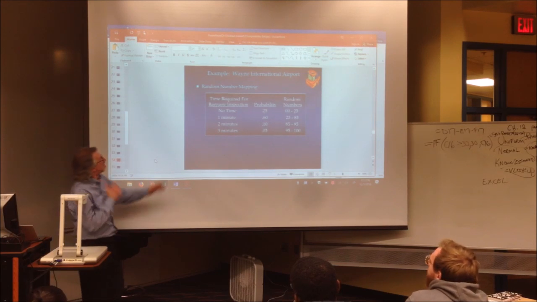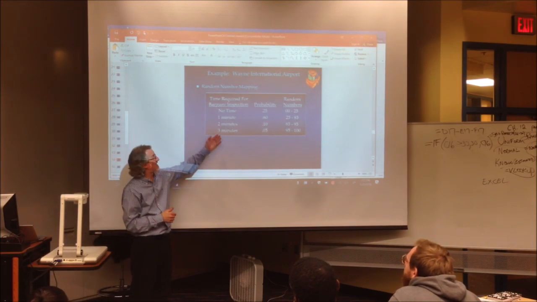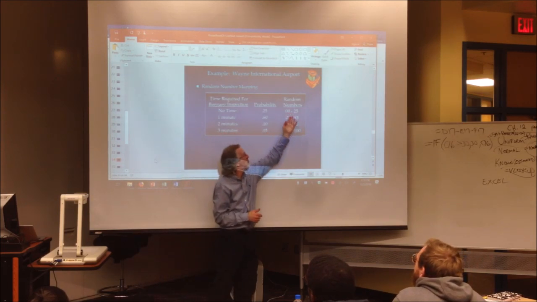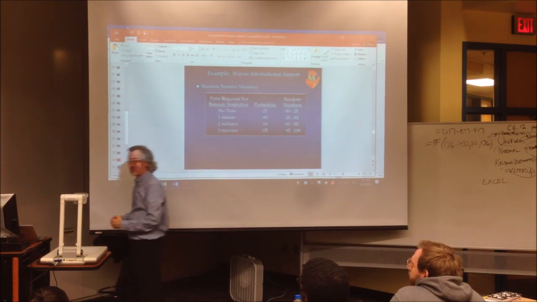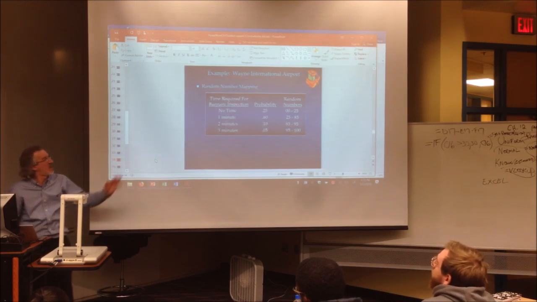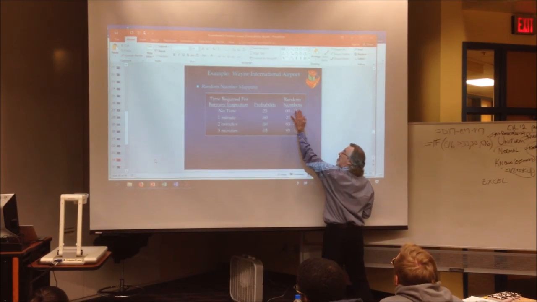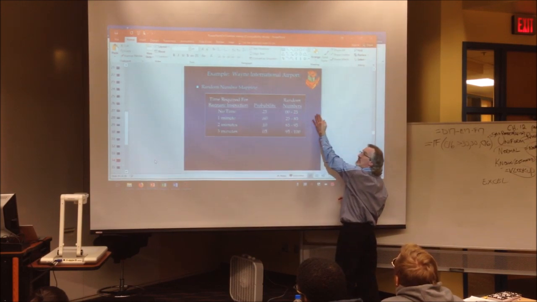Here we go. Baggage. We were told this is how much time it could take. Here's our probabilities. We map it just like we would map anything. There's our random numbers. If this were a map in Excel, 0.0 would be in this cell, 0.25 here, what would be right here?